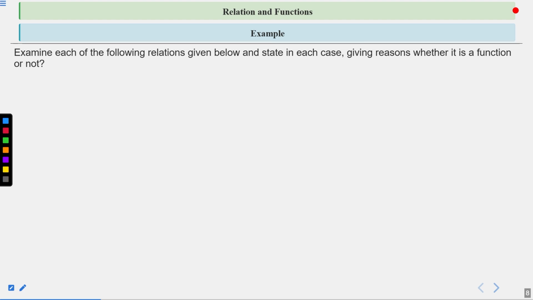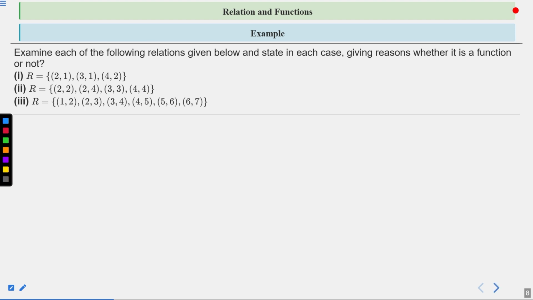Now another example. Examine each of the following relations given below and state in each case, giving reasons, whether it is a function or not. So relation R with roster form given to us: three pairs (2,1), (3,1), (4,2). The second relation with pairs (2,2), (2,4), (3,3), (4,4). The third relation with pairs (1,2), (2,3), (3,4), (4,5), (5,6), (6,7).